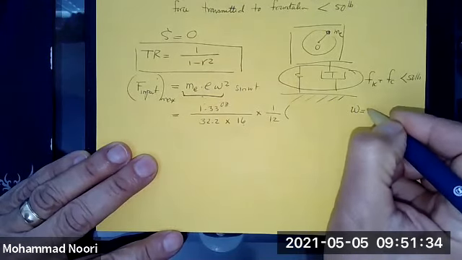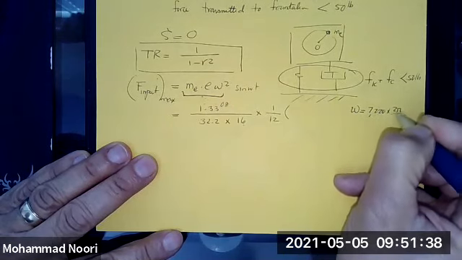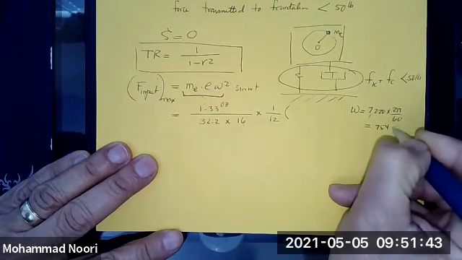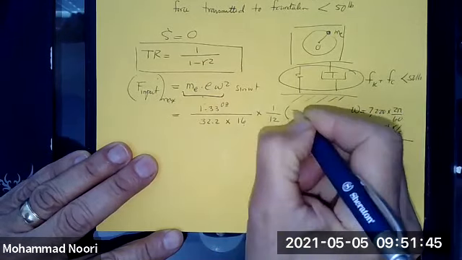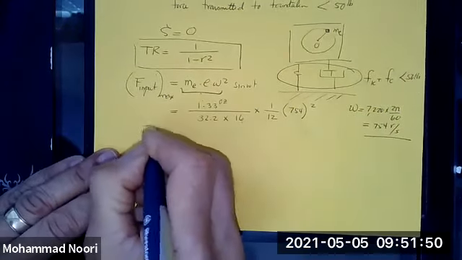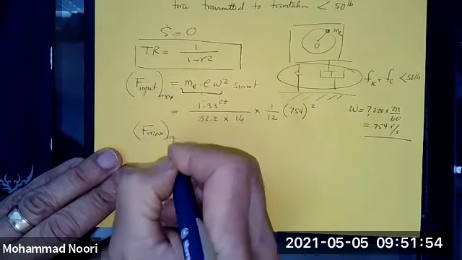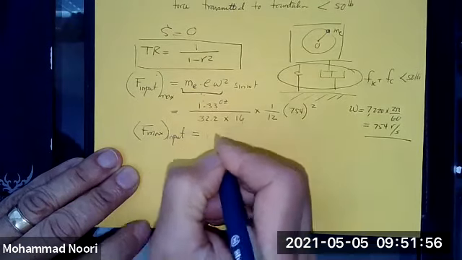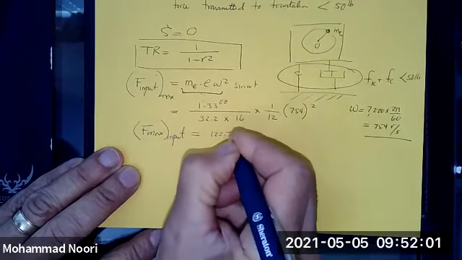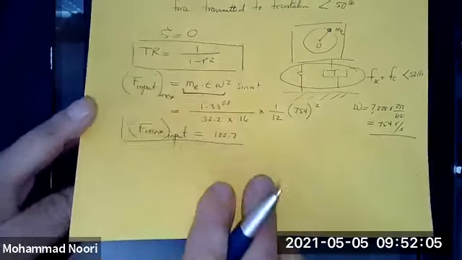Omega is given as 7,200 RPM, so times 2 pi over 60 is 754 radians per second. So 754 squared. The maximum input force is going to be 122.7. That's the result of this operation.